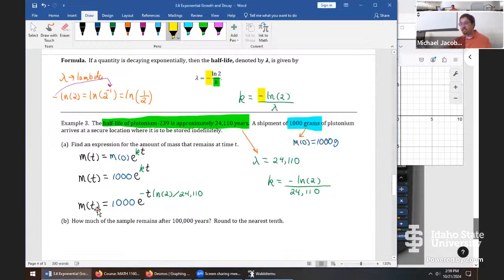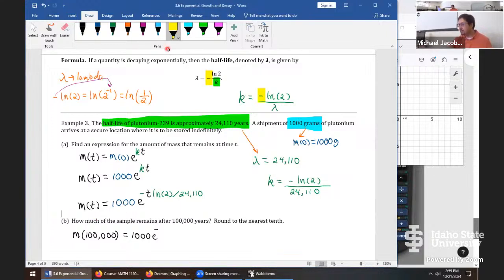The official way we do it is we take our model right here, and we plug in 100,000 years for t. So it reads out like this. Mass at time 100,000 years, we are all long gone after that point, but we still want to know how much mass is remaining, is going to be 1,000 e to the power of negative.